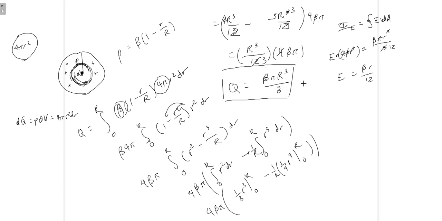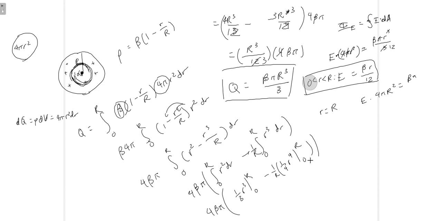So that is if r is less than R. If small r is equal to big R, then it's just the same thing. E times 4 pi big R squared is equal to beta.